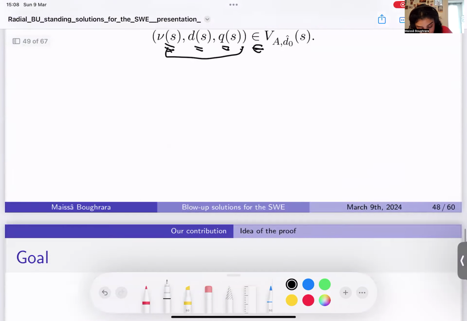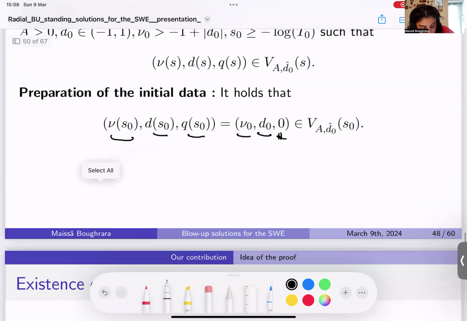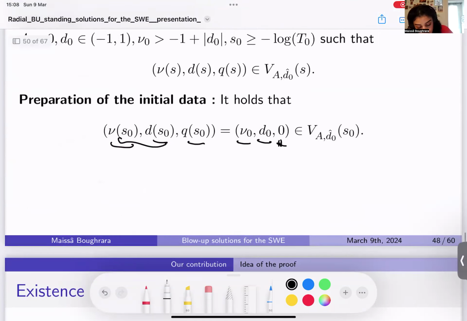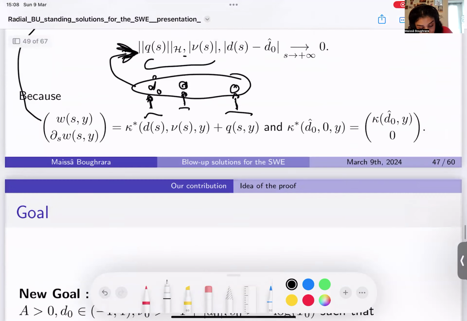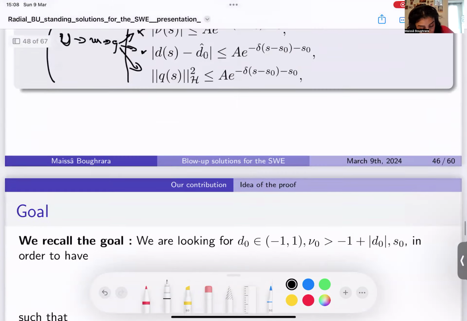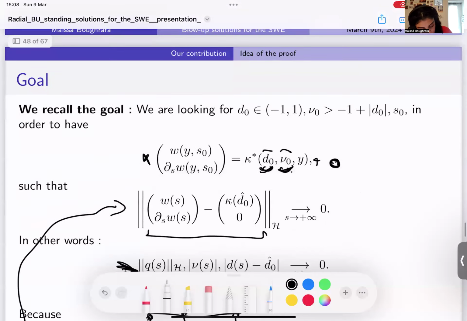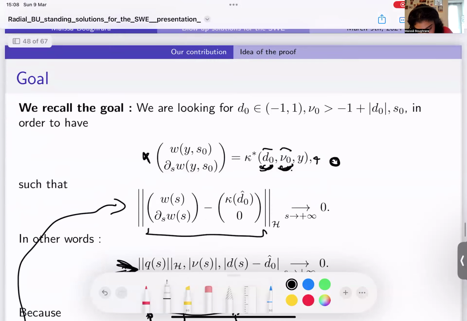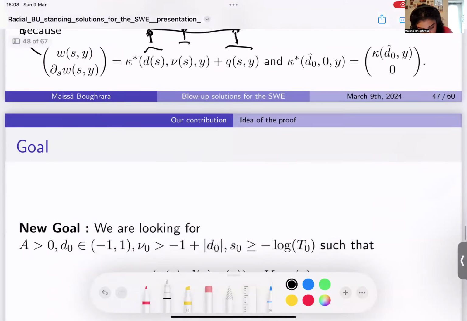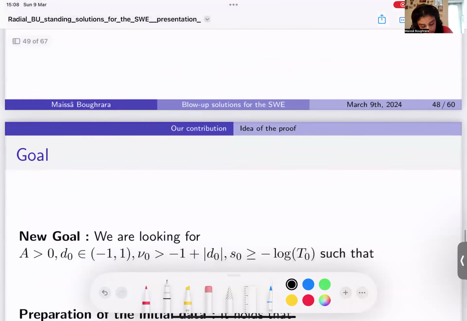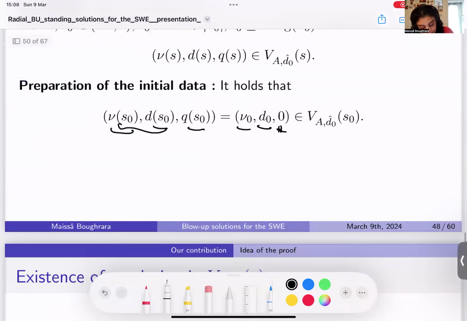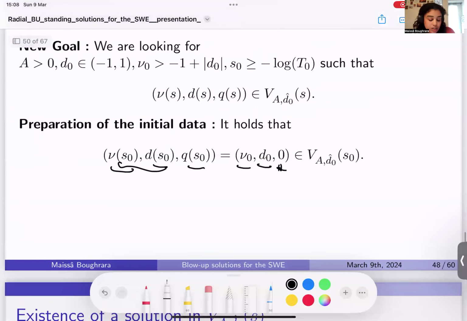So Q is gonna be completely equal to 0, and the initial values of these ones are nu 0 and d0, so they are already in the shrinking set from the definition of the shrinking set. Okay, so this is nu 0, and this is d0, and from the definition, maybe I didn't write it. Sorry, I didn't write it, my bad. But I wrote it earlier. Anyway, they are already in the shrinking set. Okay, so the initial parameters are already in the shrinking set.